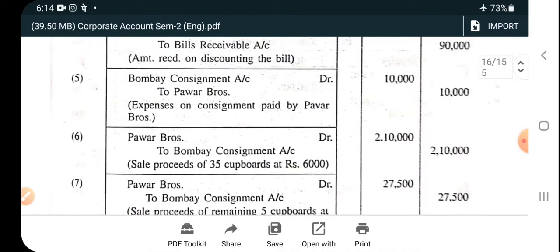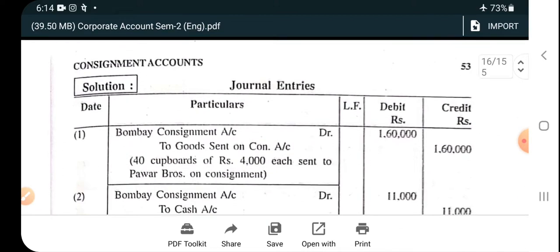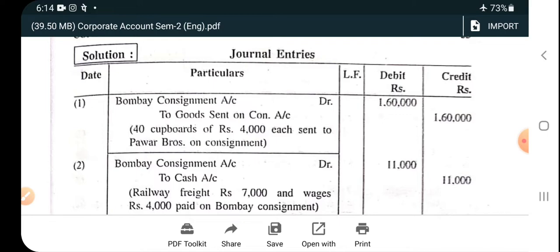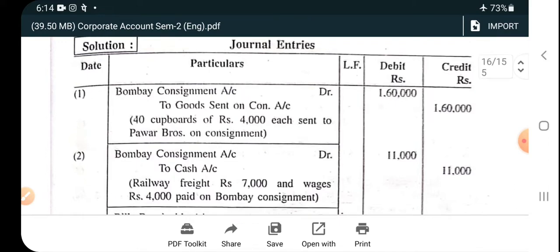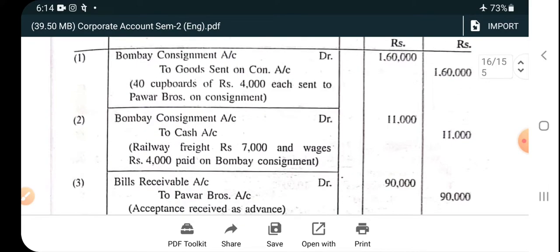First of all, the journal entry is made by the consignor in his book. The first journal entry is for goods sent. Consignment account debit to goods sent on consignment account, 1,60,000 rupees. It has two effects.